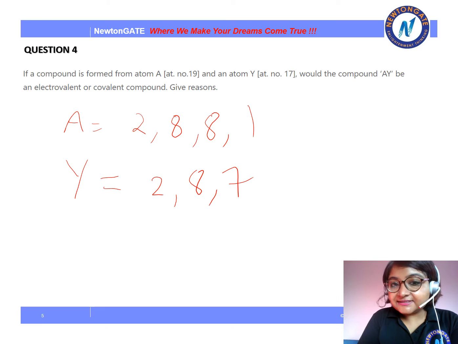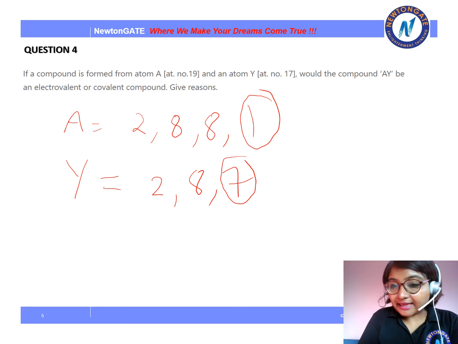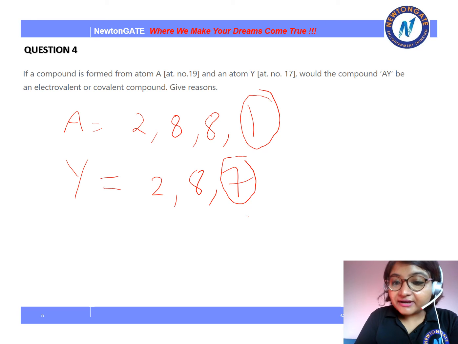You can clearly see that A will lose this 1 electron, and this 1 electron can easily be taken by atom Y to complete its octet. So atom A has to lose 1 electron to complete its octet, whereas atom Y needs to gain 1 electron to complete its octet.